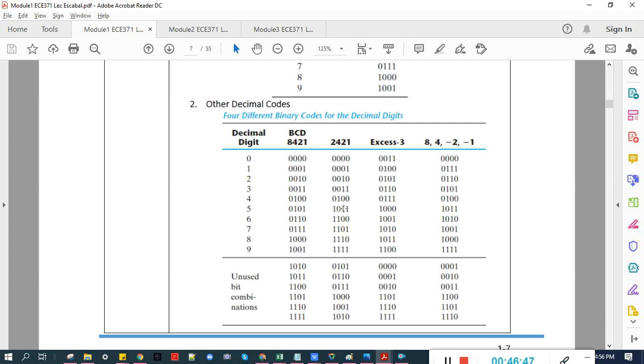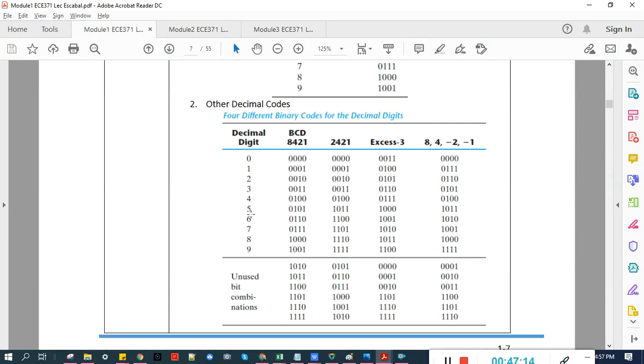It's 2 plus, if we divide it into 2 bits, we know that 1 1 is 3 and 1 0 is 2, so 2 plus 3 is 5. For 6, okay, get it now. The 2 4 2 1 means the weight.